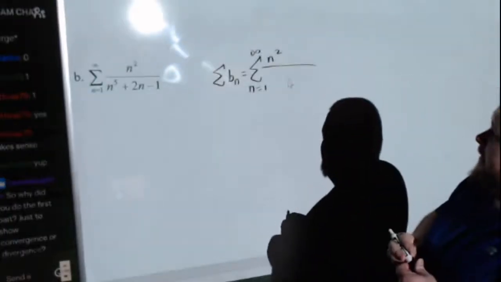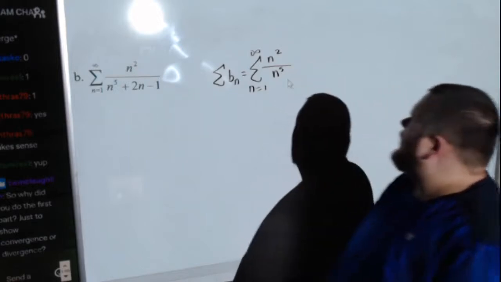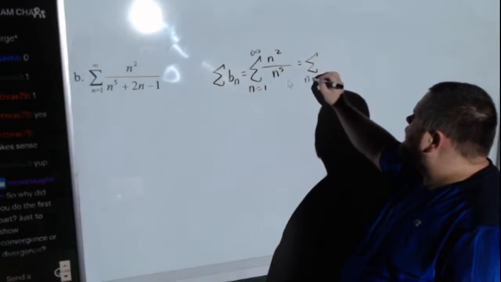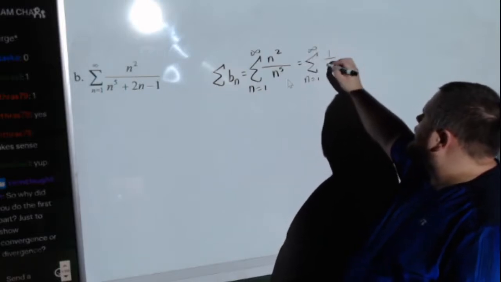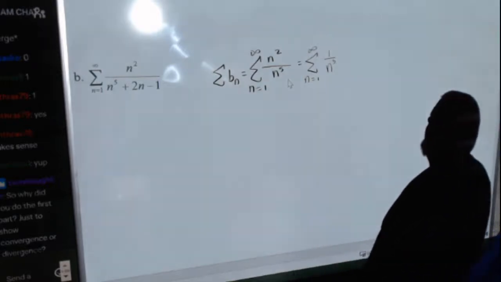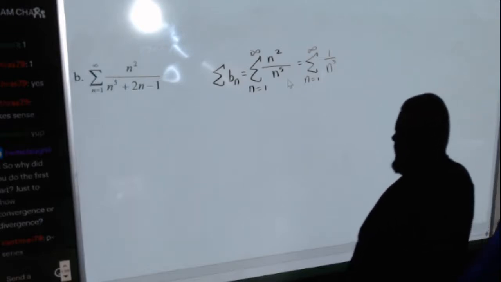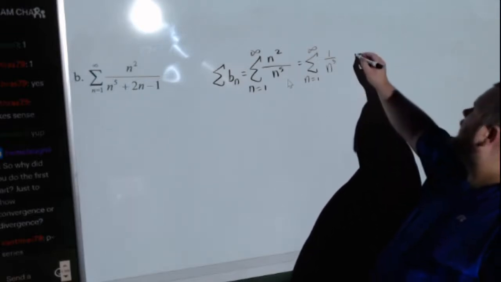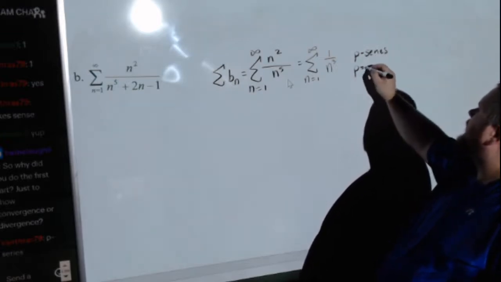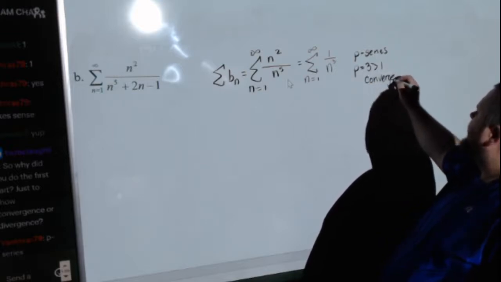And the one in the denominator is n to the fifth. I can simplify that. That's 1 over n cubed. That is yet again a p series. That's greater than 1, which means converges, right?